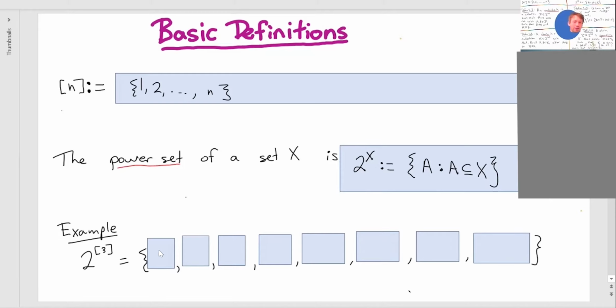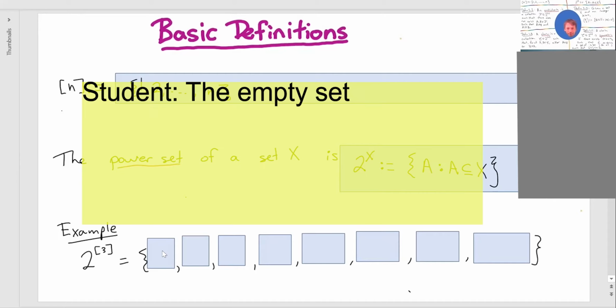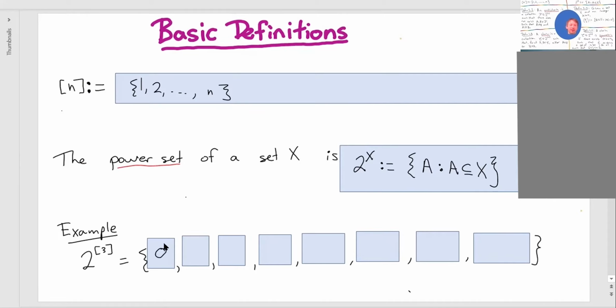So for example, what is the power set of square brackets 3? Does anyone have an example of an element of this power set? That's the smallest one. So the empty set is a subset of {1, 2, 3}.